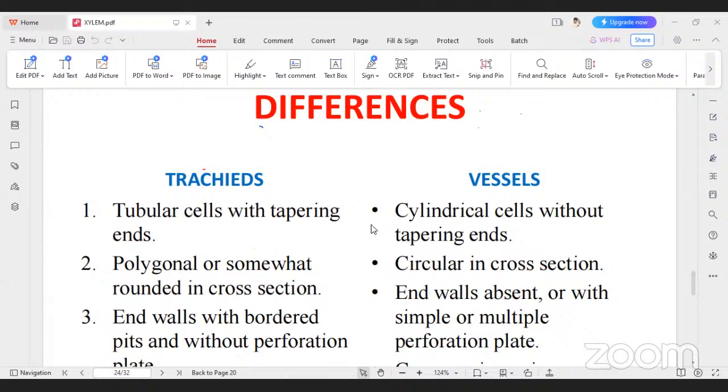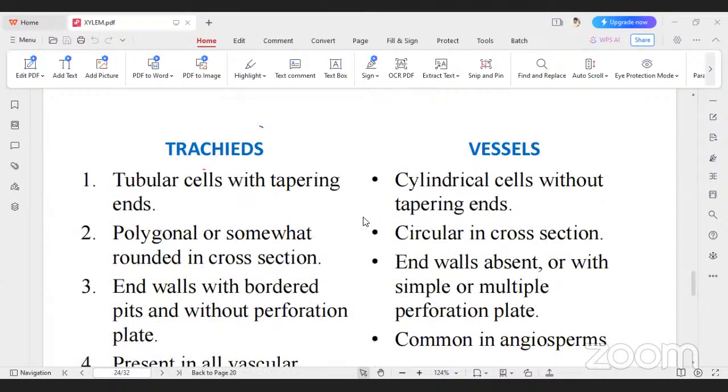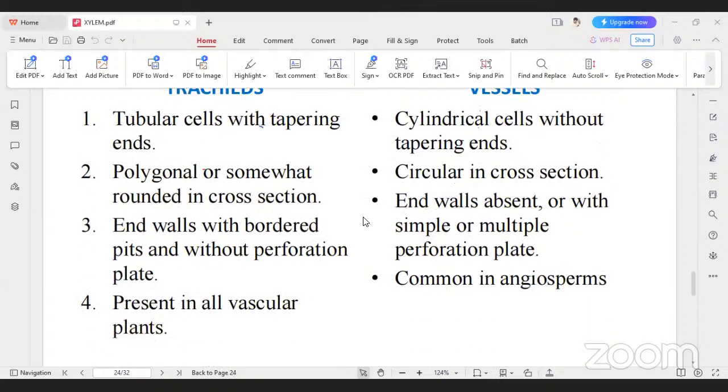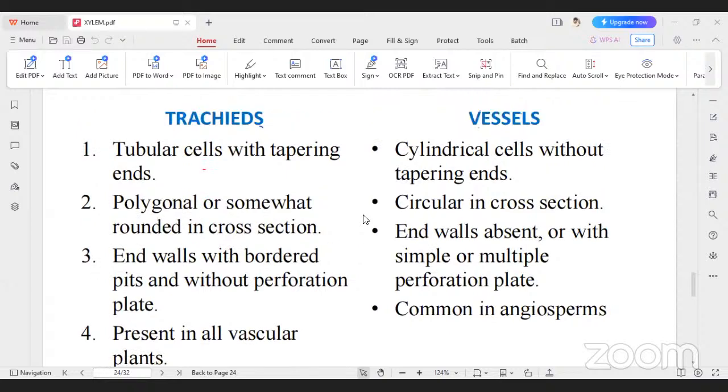Should I explain? Already we discussed. I think no need. Should I explain the tracheid and vessel difference? Hello? Voice clear or not?